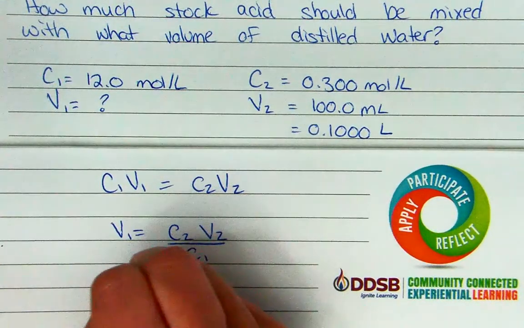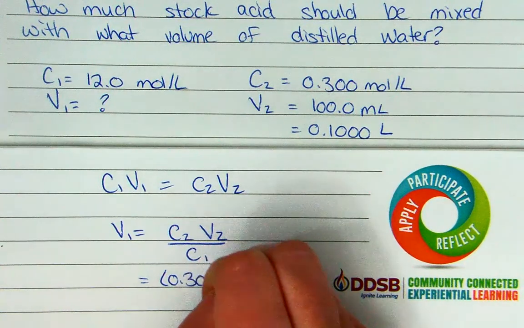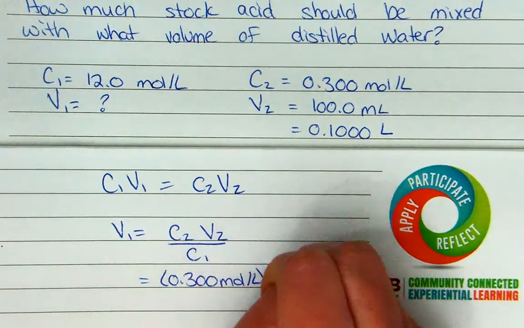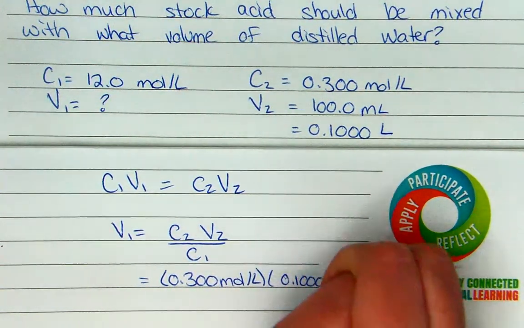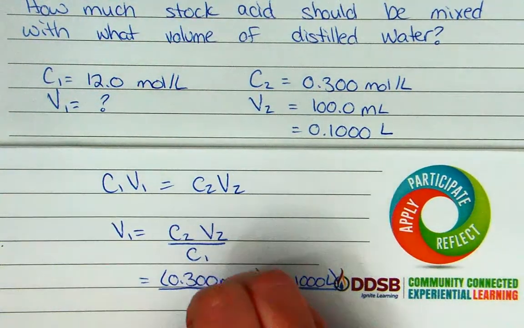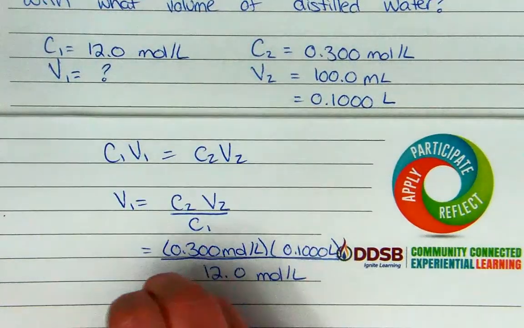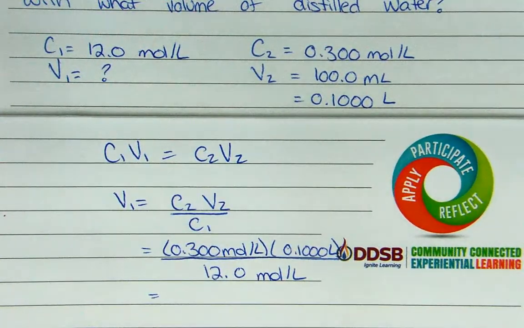Now I'm going to sub in. 0.300 moles per liter times 0.1000 liters divided by 12.0 moles per liter. And when I do this math, it's going to give me a volume.